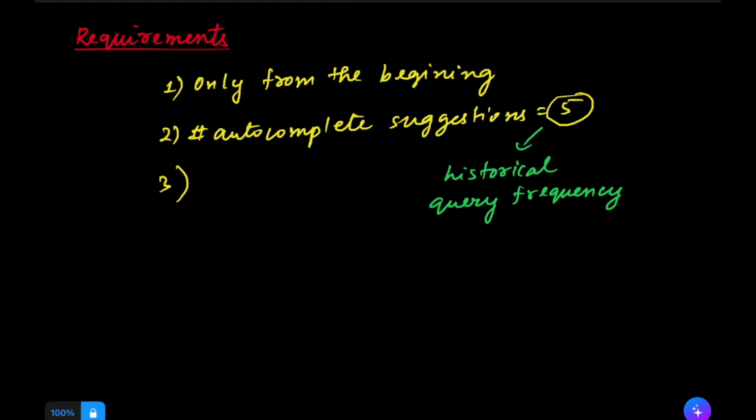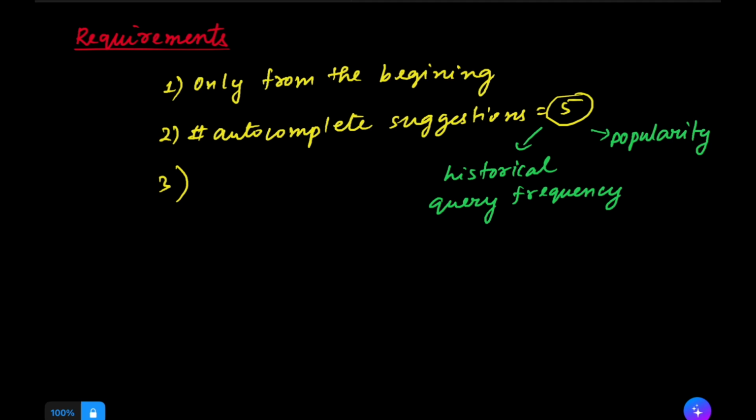We store the frequency of how many times this has been searched overall, and accordingly we display that suggestion in the search menu. And also by popularity: since it's popular, it has been typed a large number of times, so its frequency would be high.